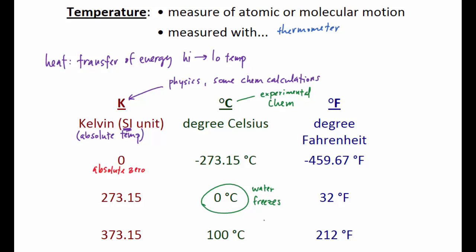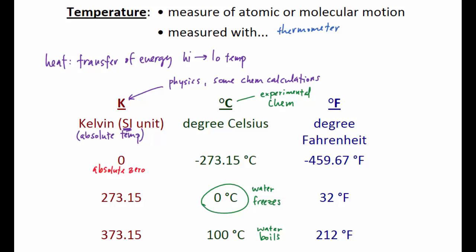Okay, water freezes at 0 C. What happens at 100 C? Water boils. Okay, so the Celsius scale was invented so that it was centered around water's freezing point and boiling point. Okay? The two physical properties of water, the most important chemical substance. So that's why in chemistry we love the degree Celsius so much, because it's totally centered around our most important substance. Okay?